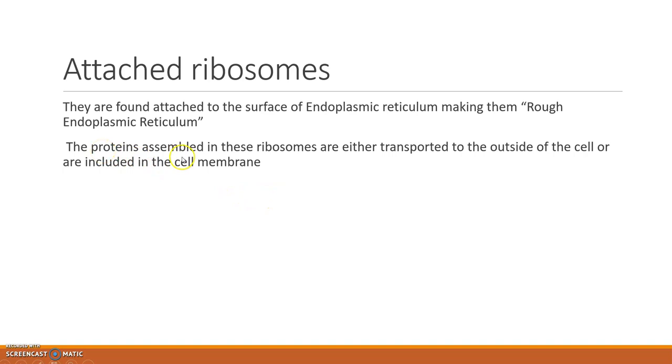The proteins assembled in these ribosomes are meant to be transported outside the cell, that is, secretory proteins, or are included in cell membranes, either of the plasma membrane or some other organelle membranes. So two types of proteins are synthesized by them: secretory proteins, or proteins inserted in membranes.